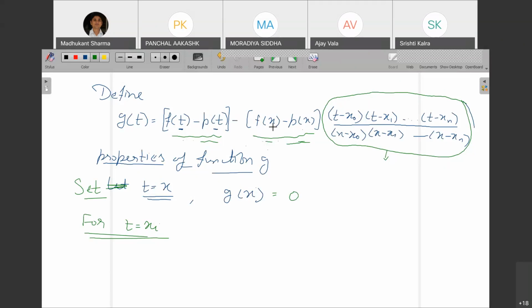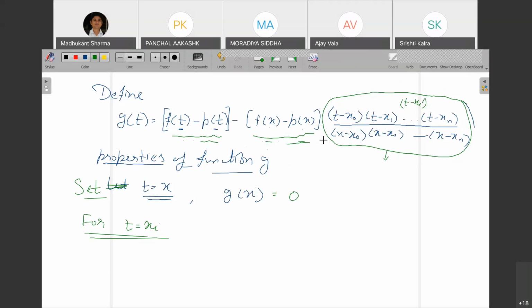Nothing, right? x is a fixed number, and f of x minus p of x is different from xi. So what about this product? xi is among x naught to xn, so one of the values is somewhere t minus xi in this product. When you put t equals xi, the numerator becomes 0.